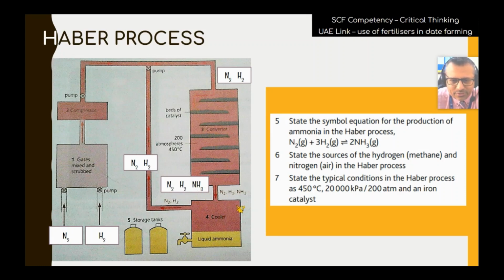And the reason why is because we actually condense the ammonia. If you condense the ammonia, you're removing it from this dynamic equilibrium. So if you reduce the concentration, you have fewer backward reactions taking place because your concentration of ammonia is not so high in the gas volume that you have.